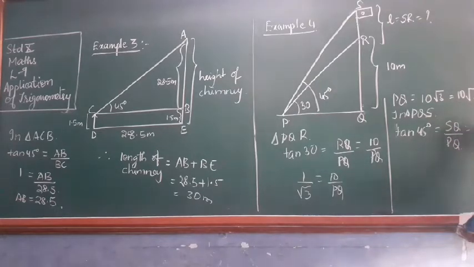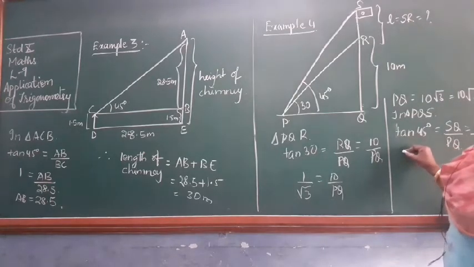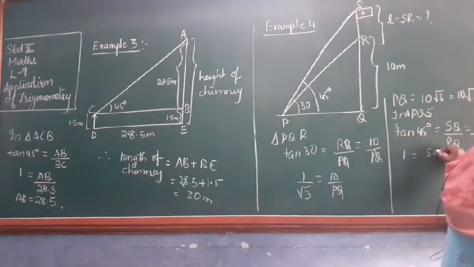SQ value we do not have, PQ value we have with us. So let me take it as SQ only, and PQ value I have is 10 root 3. Now tan 45 value is 1, so 1 is equal to SQ by 10 root 3.